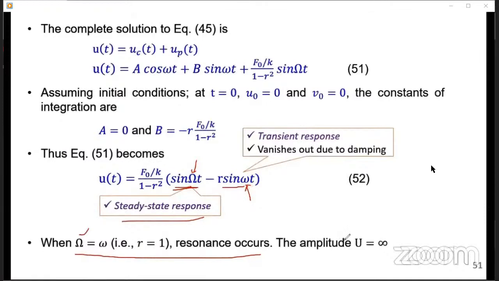And therefore, the amplitude of our forcing function becomes infinite. So you can see here, because r is equal to 1 over omega, and when these two are the same, 1 over 1 becomes 1. Here, 1 minus 1, the denominator becomes 0. So of course, when you divide by 0, it becomes infinite. So that's when we talk of resonance occurring.